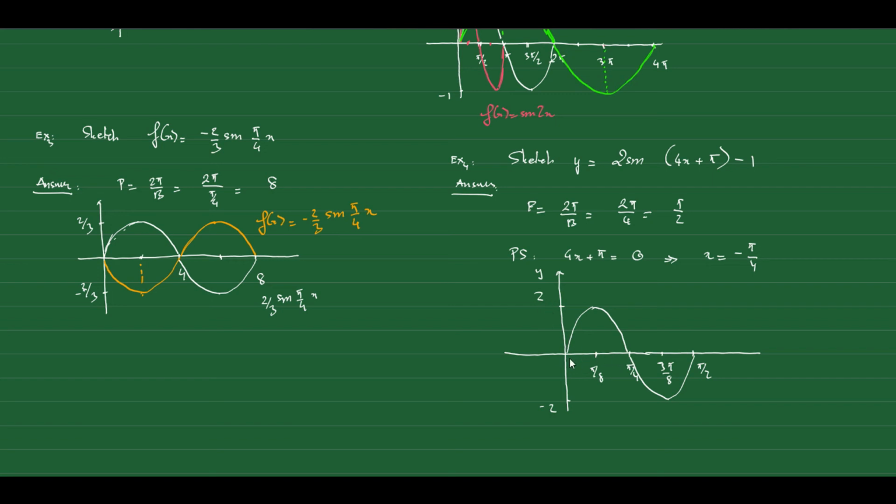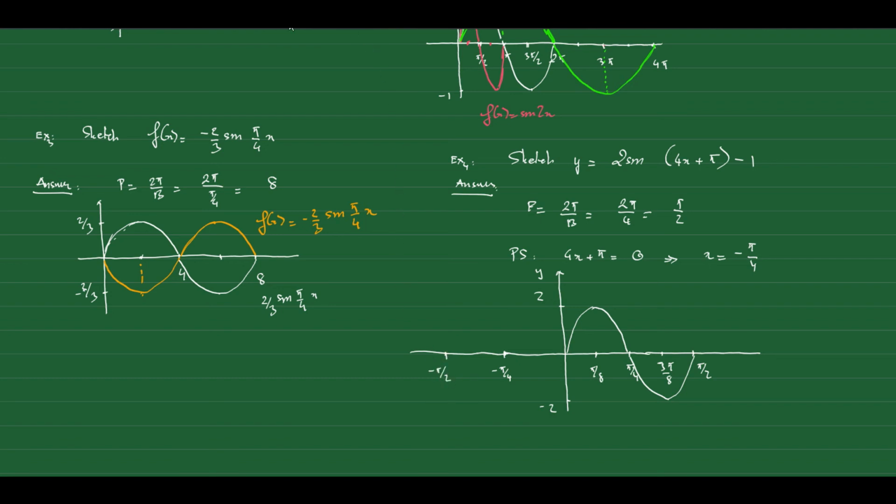This pi over 4 is from here to here, right? So this is -pi over 4, and this one will be -pi over 2.